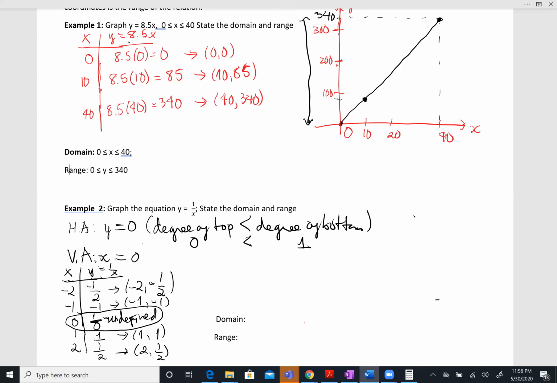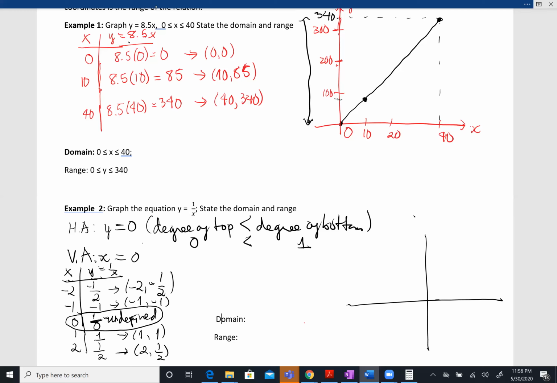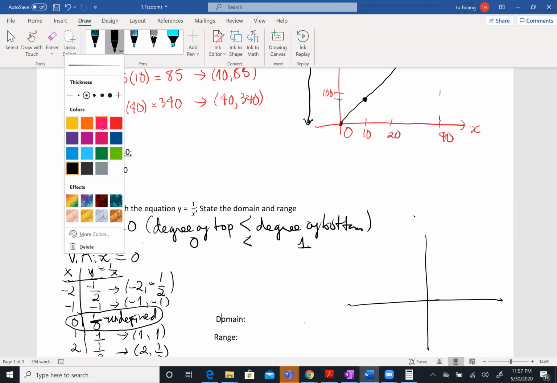So I'm going to move down to the domain and range here. Oh, actually, you know what? I'm going to draw it here. I know that's the horizontal asymptote. Let me use another color, red.